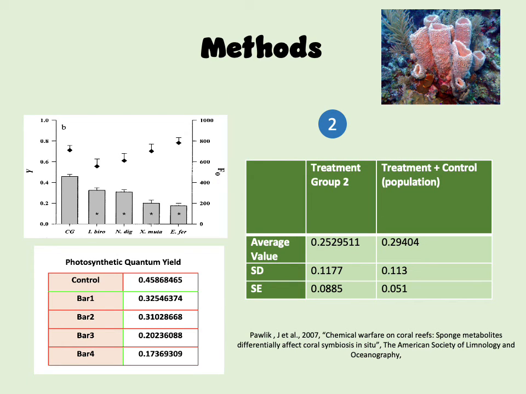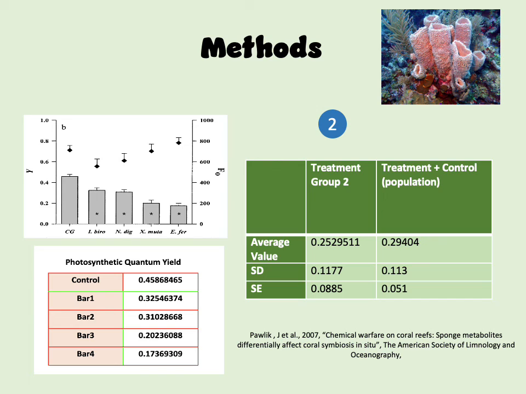And lastly, for my second paper, I pulled out this figure, and it showed the average photosynthetic quantum yield of untreated corals as well as several corals that had been treated with secondary metabolites. So in order to have comparable values for the treatment effect, I calculated the average values of the 4 corals that were treated with allelochemicals, and then I compared that with the control value.